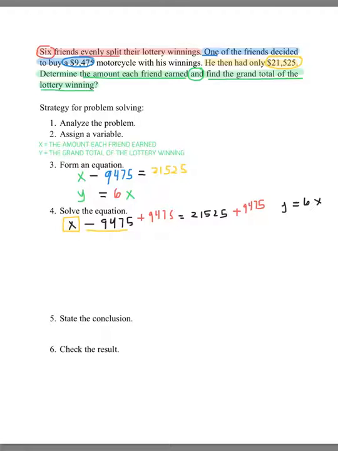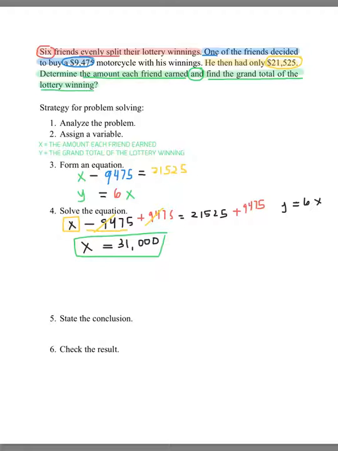So on the left hand side, the minus 9,475 and the plus 9,475 simplify out, leaving us simply with x. And on the right hand side, once we carry out the addition, we end up with 31,000. So we have officially solved for x.